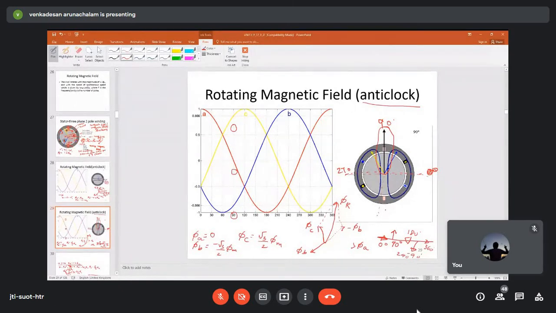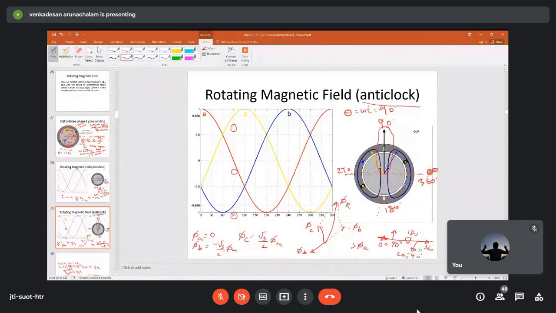This is 180 degree, this is 360 degree. So we will take 90 degree, when the angle theta, that is omega t, is equal to 90 degree.